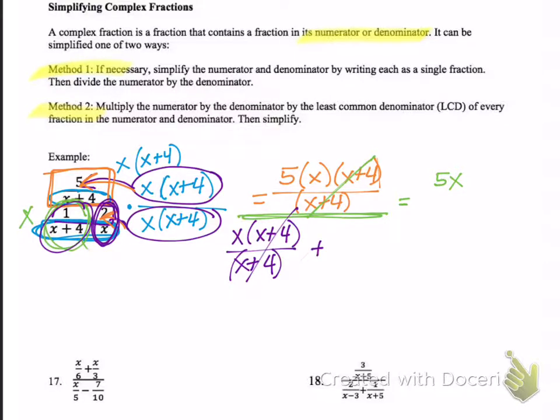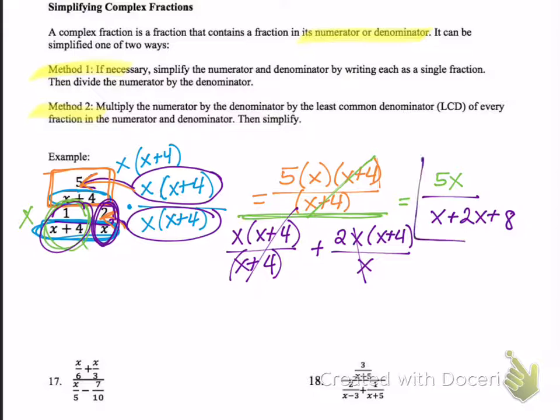So I have plus 2x, x plus 4 over x, and the x's cancel. So then I'm left with 5 over x plus 2x plus 8. And then that is my final answer.